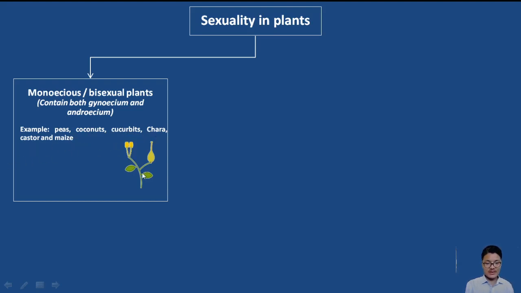If you observe these plants, both the female flower and the male flower are present on a single plant. On a single plant, there is growth of female flowers and male flowers. That is a bisexual plant, having male and female flowers together on one single plant.